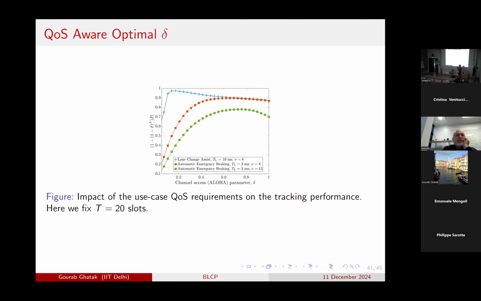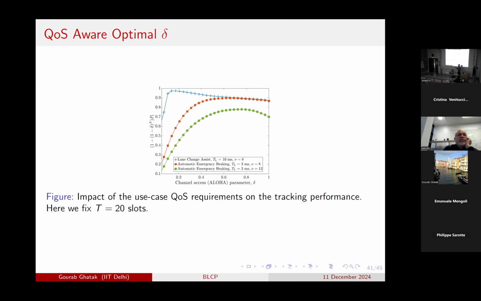And when I have access, I just want others to not access, right? So if I keep delta very low, if I have a sufficient number of blocks, I don't need access in all the blocks. I just need to access one of the blocks. And in that block, I want low interference because I want to achieve a very high value of this.